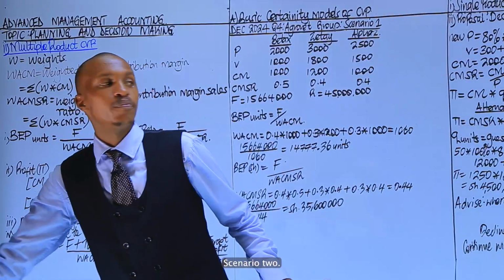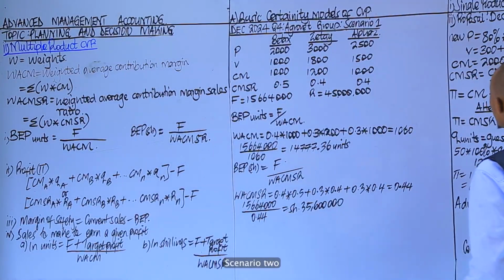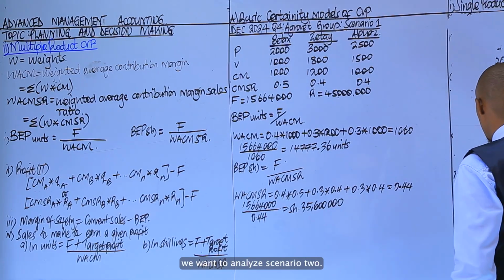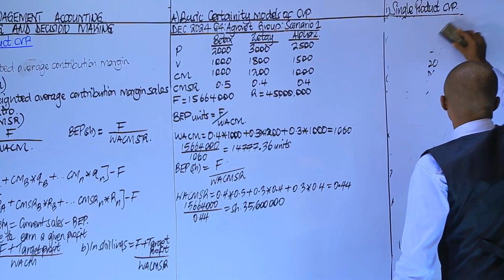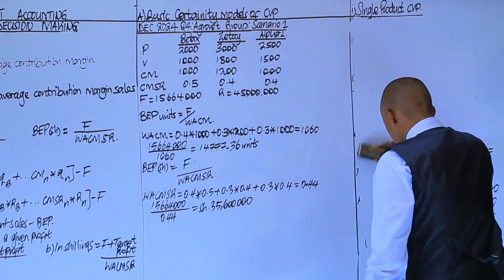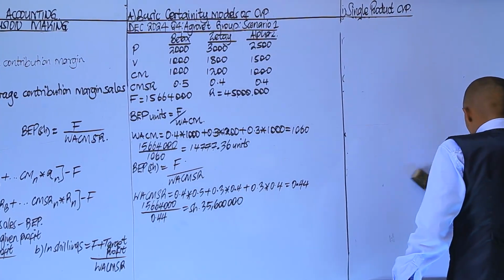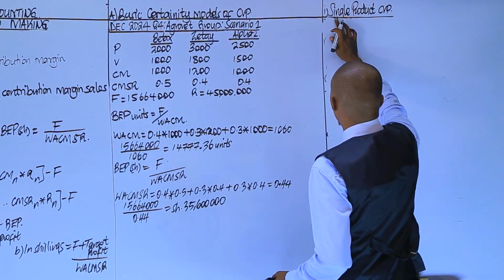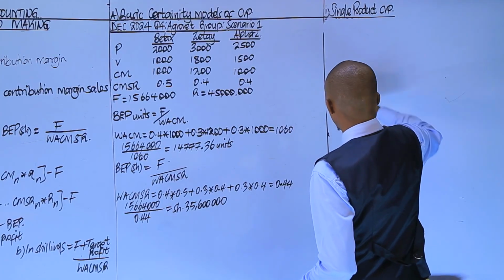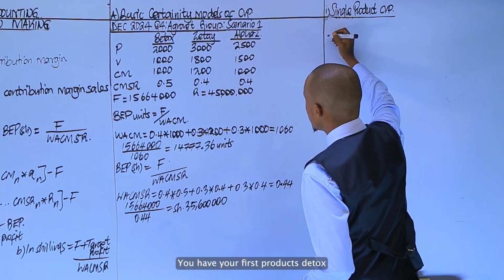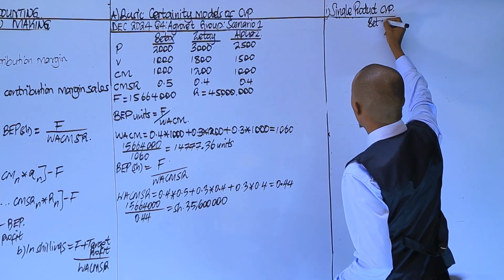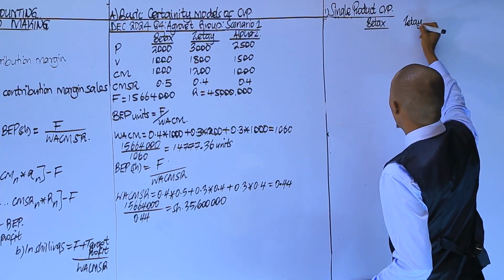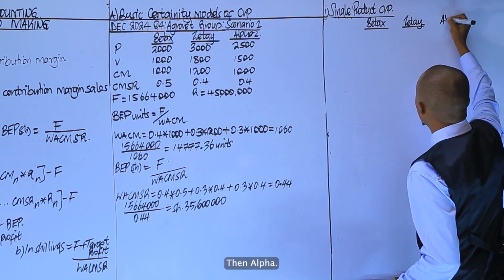Scenario 2. We analyze scenario 2 here. You have your first product, Betax, then Zeta, then Alphas.